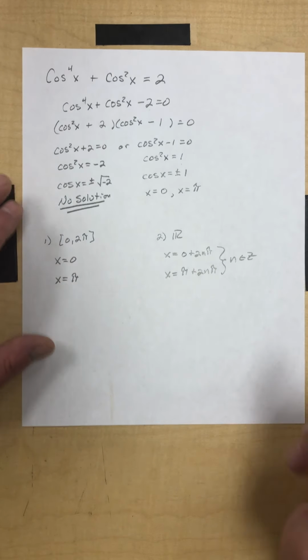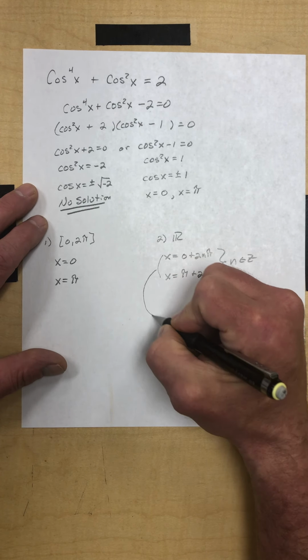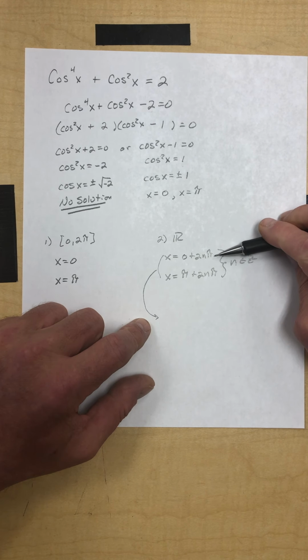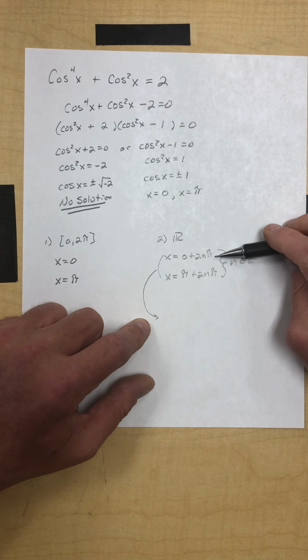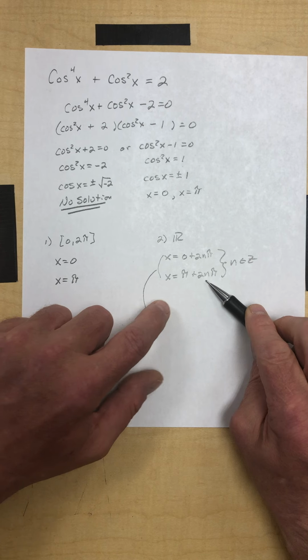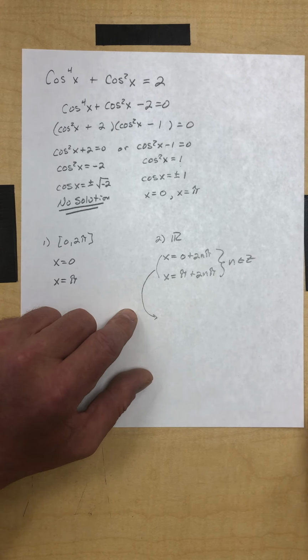Now, this is certainly one way to do it, but notice that we could probably play around with this a little bit, because 0 plus 2n pi is just 2n pi. If n's an integer, 2n pi represents all of the even multiples of pi. Then down here, that would be an even multiple of pi plus pi, so this would represent all the odd multiples of pi.